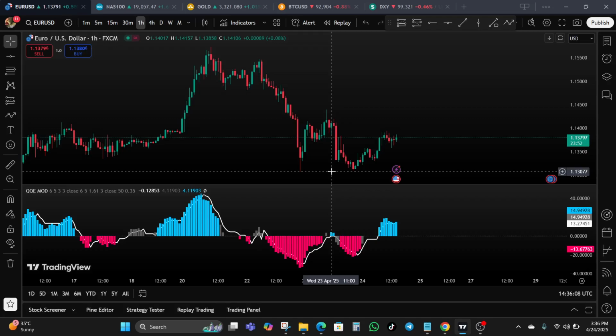It is better to enter a trade when you have enough confirmation. If you have more than one or two indicators telling you to buy, that's a confluence. If you have more than one or two indicators telling you to sell, that is a confluence. So you want to enter such high probability trades when you have multiple indicators telling you to buy or to sell at a given time.